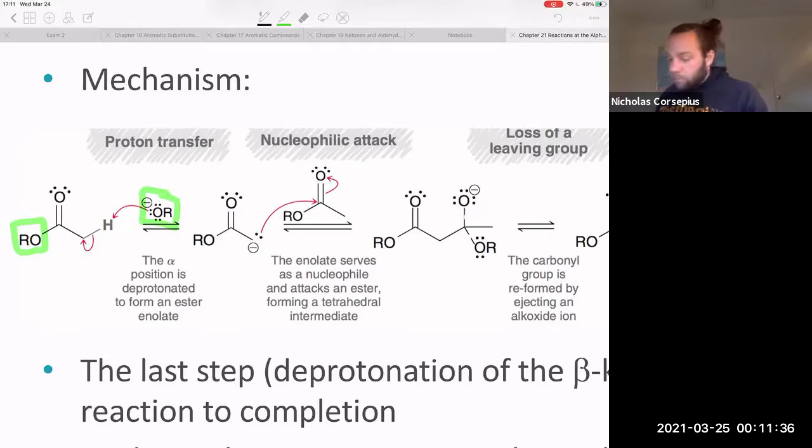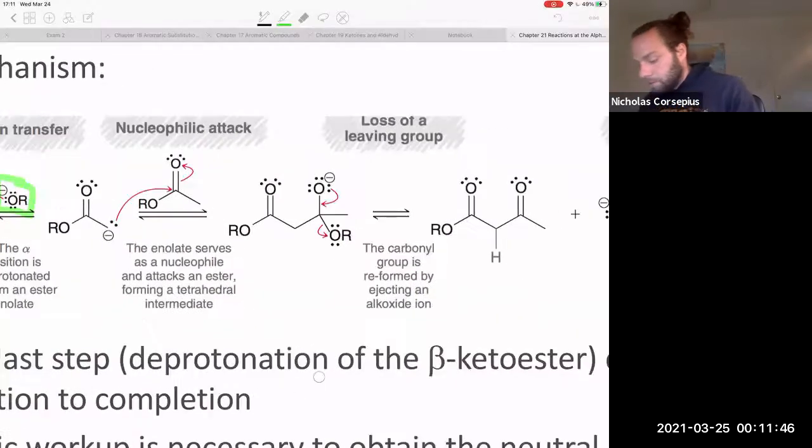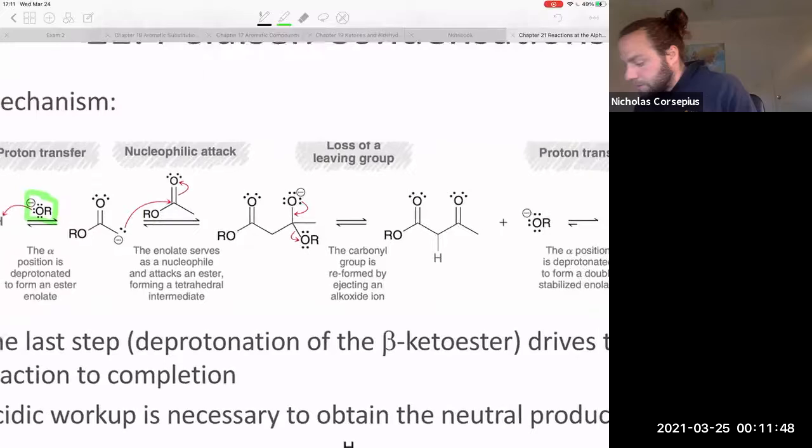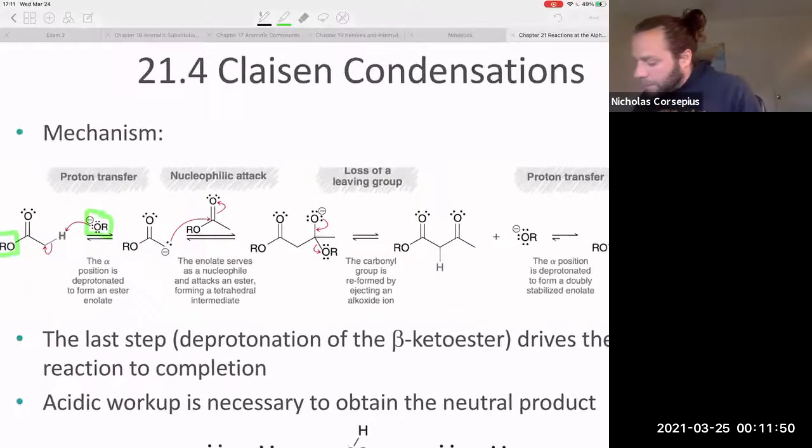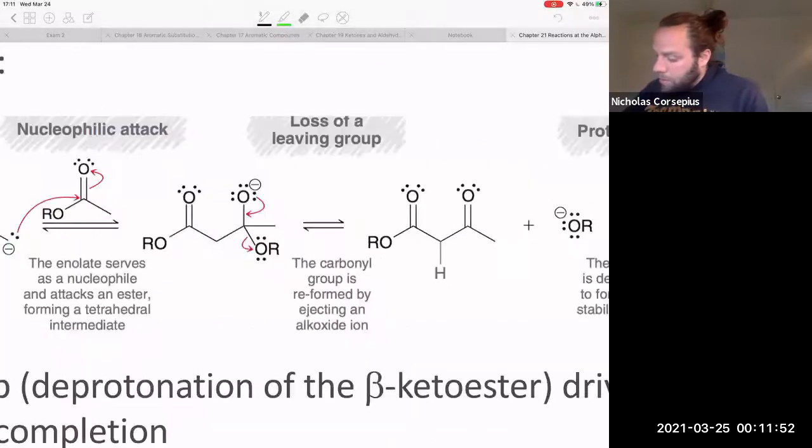Is there a good leaving group? In this case, there is. So instead of protonating that oxygen, it's going to come down and kick off that leaving group, which will actually be our alkoxide ion again. And this gets us to our Claisen product.